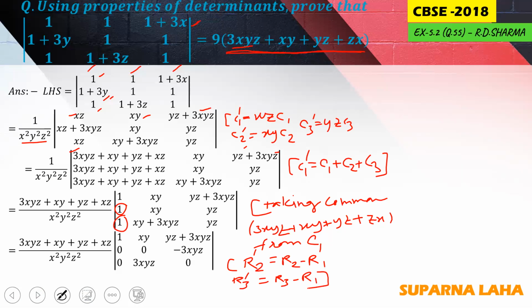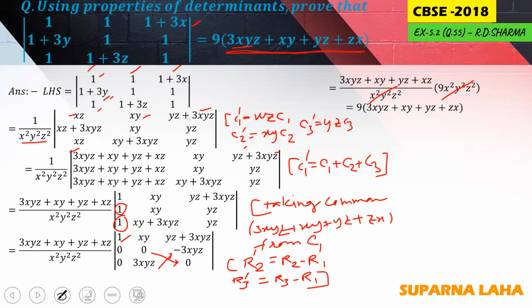If you expand this determinant with respect to the first column, this into this is 0, minus of this into this, that is minus of minus, which is plus 9x square, y square, z square. So write this term into 9x square, y square, z square, and cancel the 9x square, y square, z square. The remaining term is 9 into (3xyz plus xy plus yz plus zx). So this is proved. You need to show this one only.